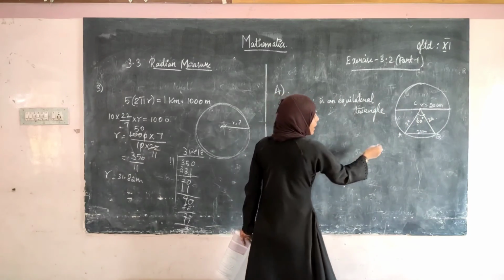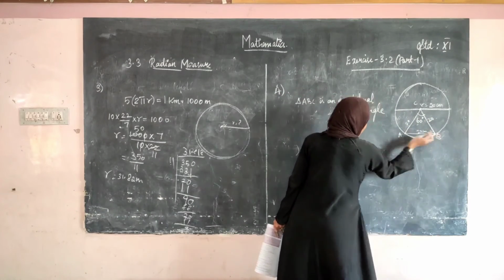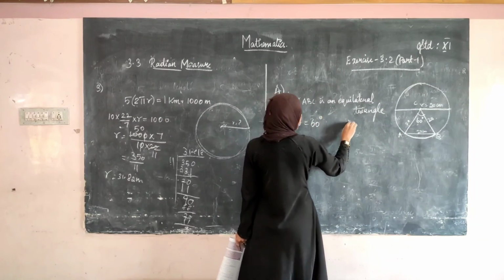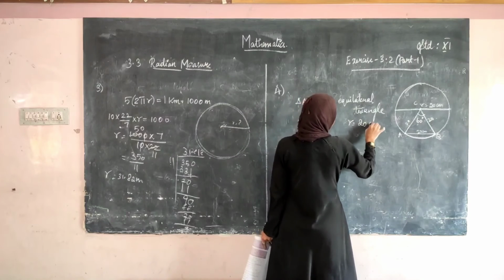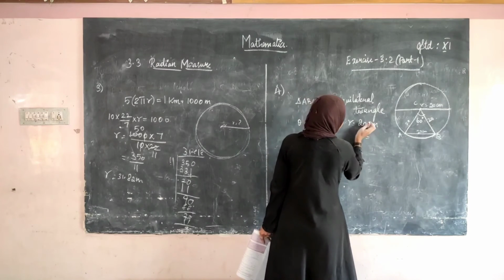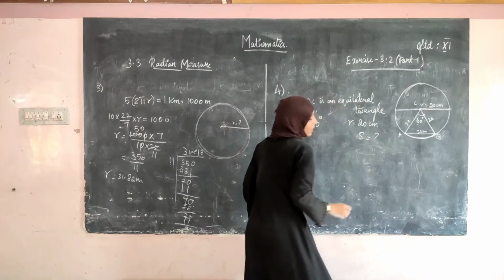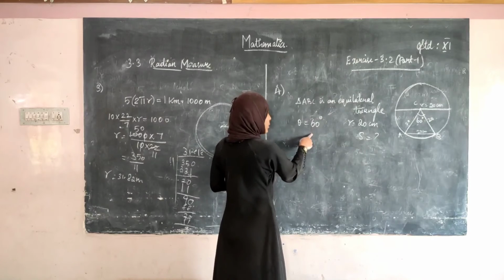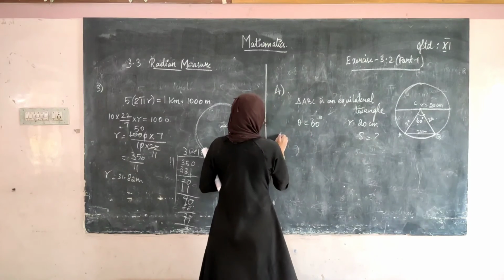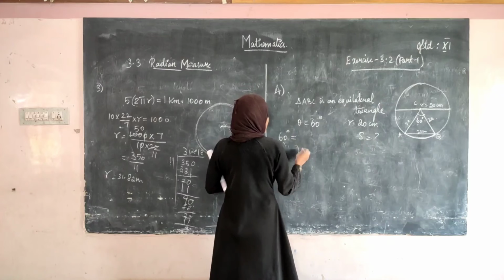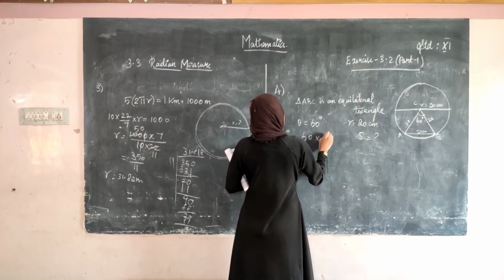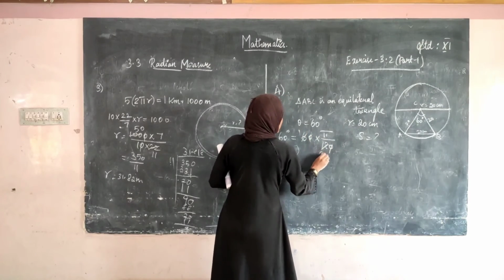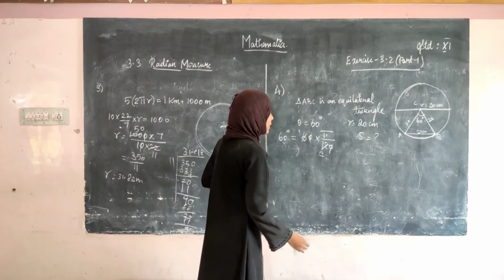Now we have to find this arc. Here theta is equal to 60 degree and we know that r is equal to 20 centimeter. We will find the arc length S. But the theta is in degree, so we have to change this degree to radians. 60 degree to radians means 60 into pi divided by 180, which is pi by 3.